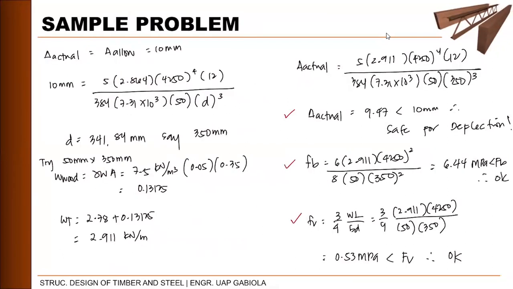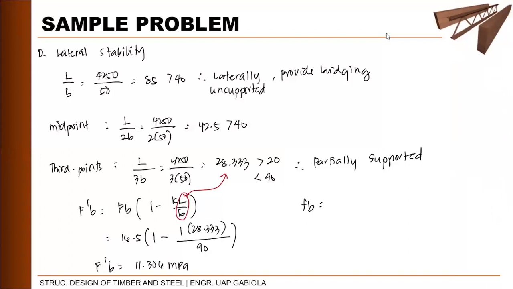Then we need to check our FB. Our calculated FB is 6.44 MPa. Less than siya dun sa bagong F prime B natin. Therefore, safe for flexure and lateral stability. Okay?